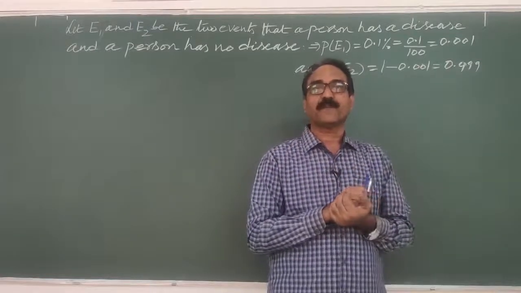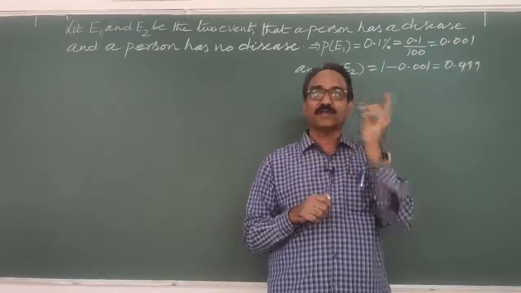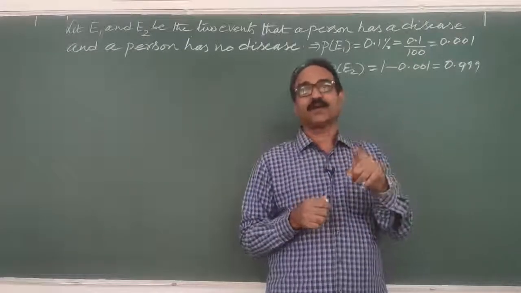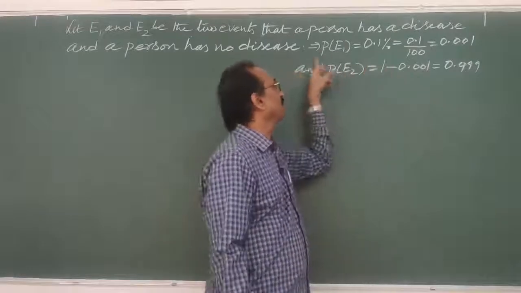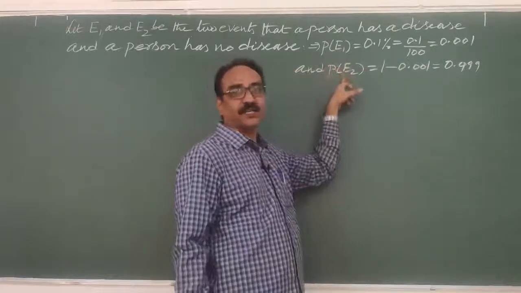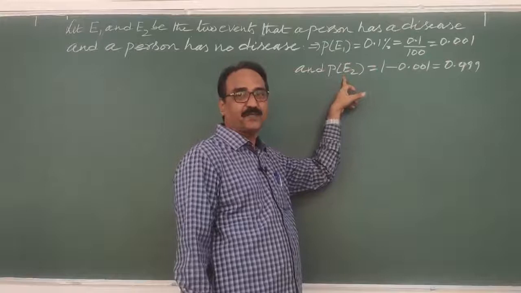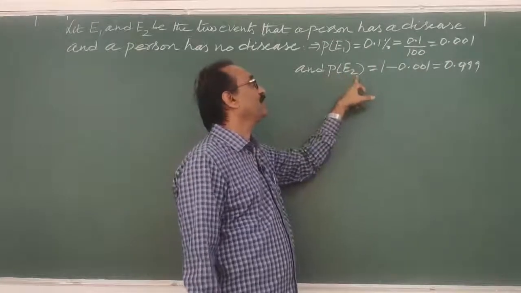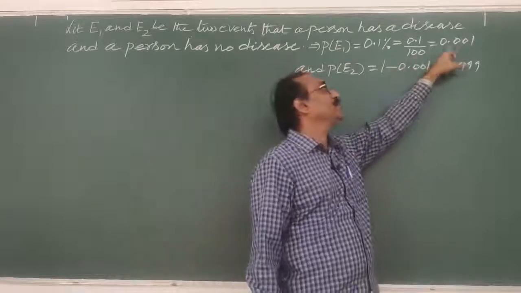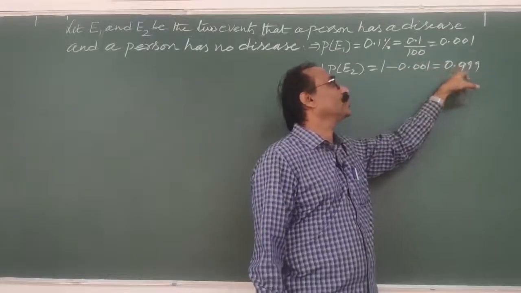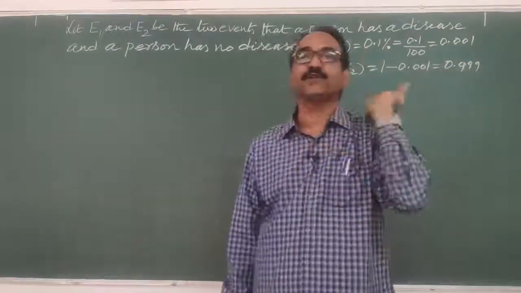What is the probability of the sample space? 1. If you know one probability, the other is 1 minus the known probability. So E1 and E2 are disjoint events whose union is the entire sample space. Therefore P of E2 is equal to 1 minus P of E1, which is 1 minus 0.001, equal to 0.999. That is how you have to find it.